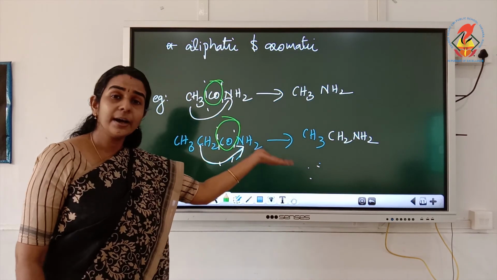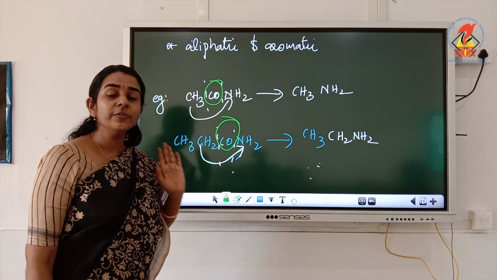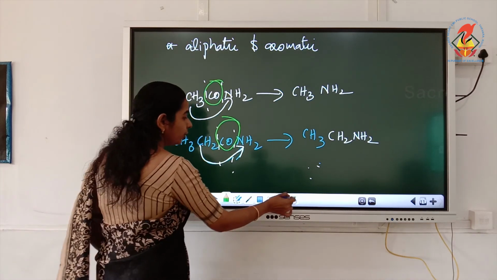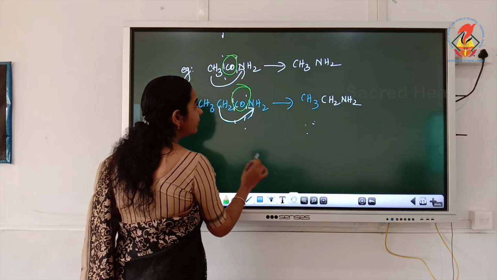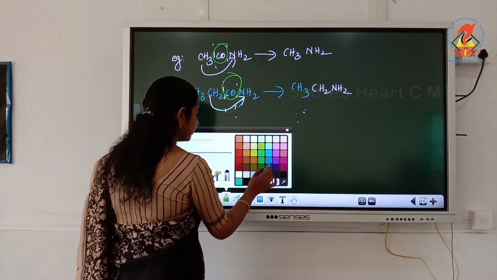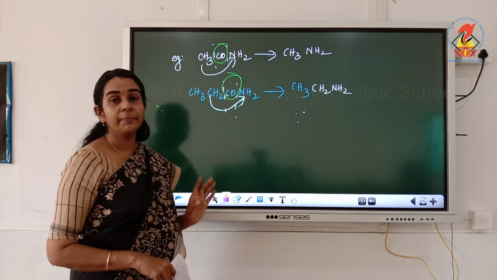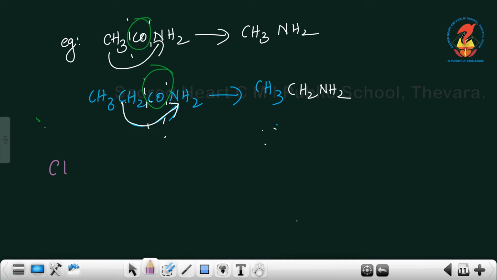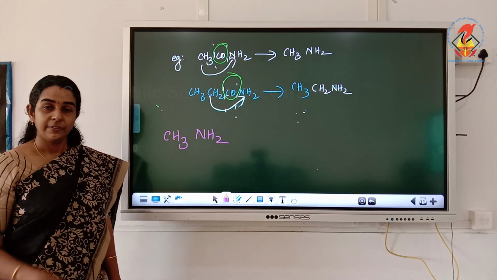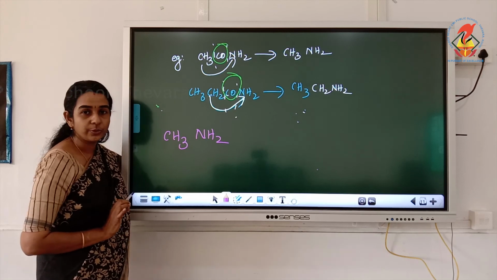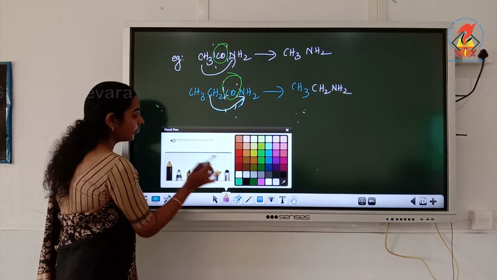So to get the amine, just remove the CO group just before the amino group. Now, to get the reverse, that is, to get the amide from the amine, if a question comes, name the amide from which CH3NH2 is formed, very simple, add one CO just before NH2.